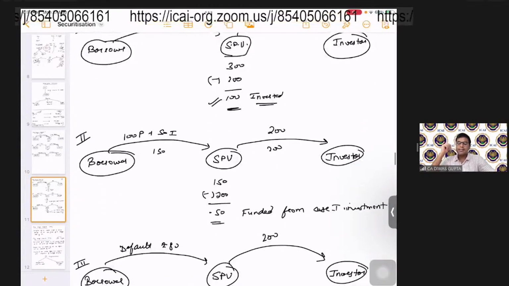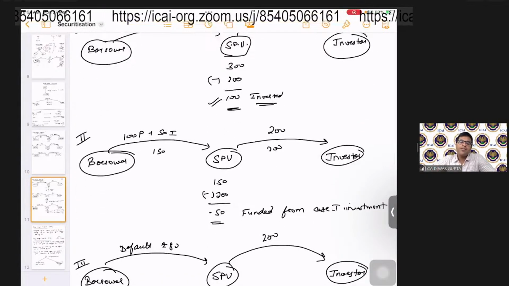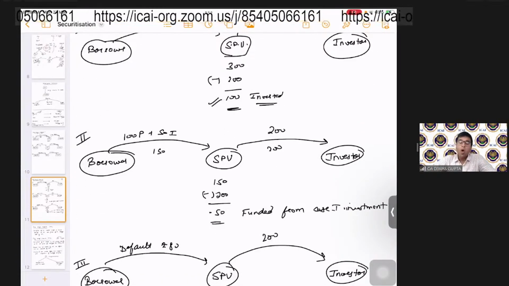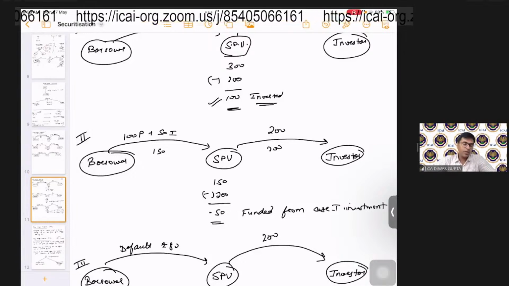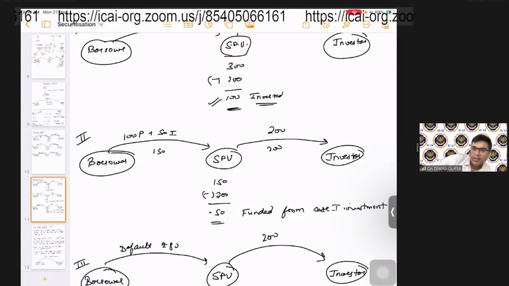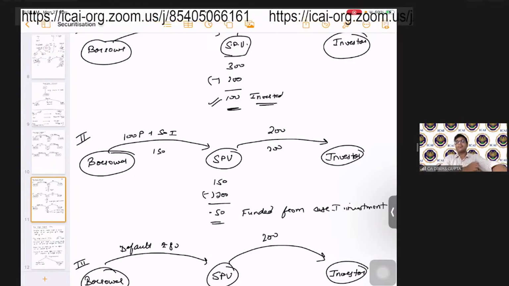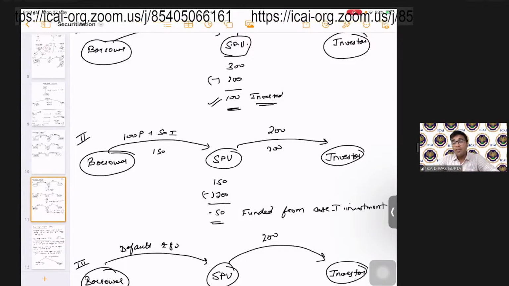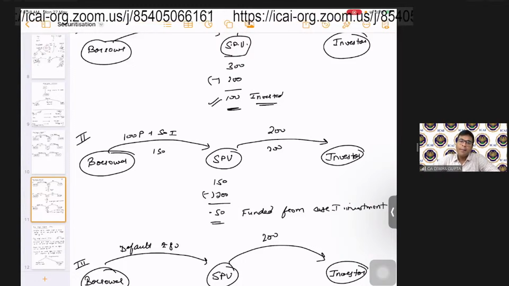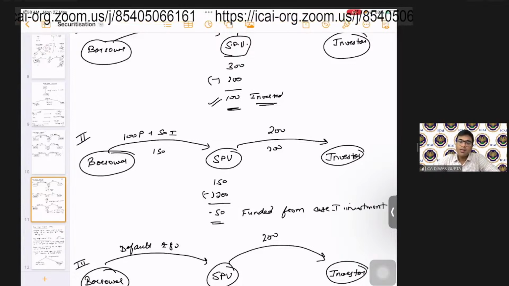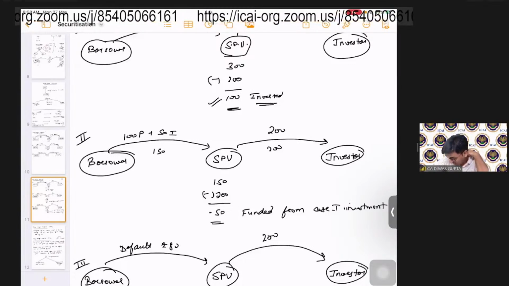Similarly, in the second case, it receives 150 in totality. How much does the SPV have to pay to the investor? 200 rupees, right, students? So the income is 150 and the payment is 200. The negative 50 has to be arranged somewhere. It will arrange it from case 1.